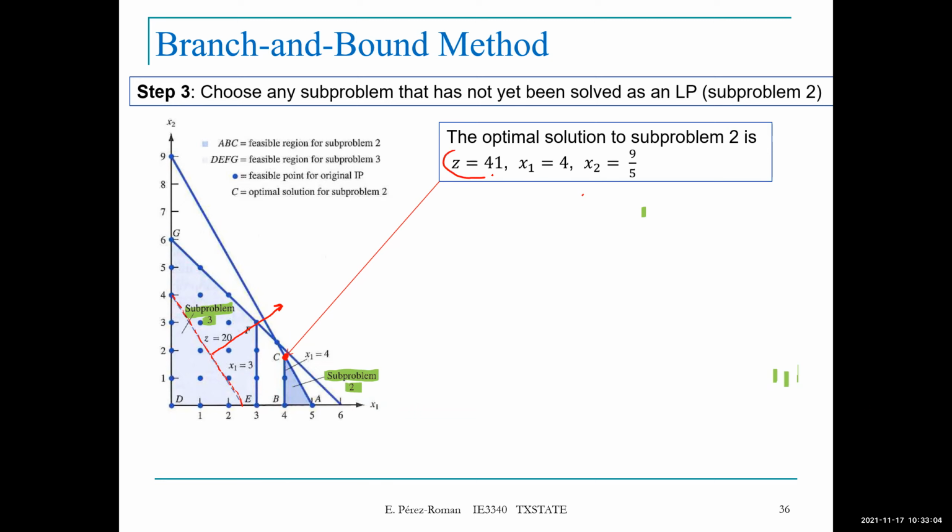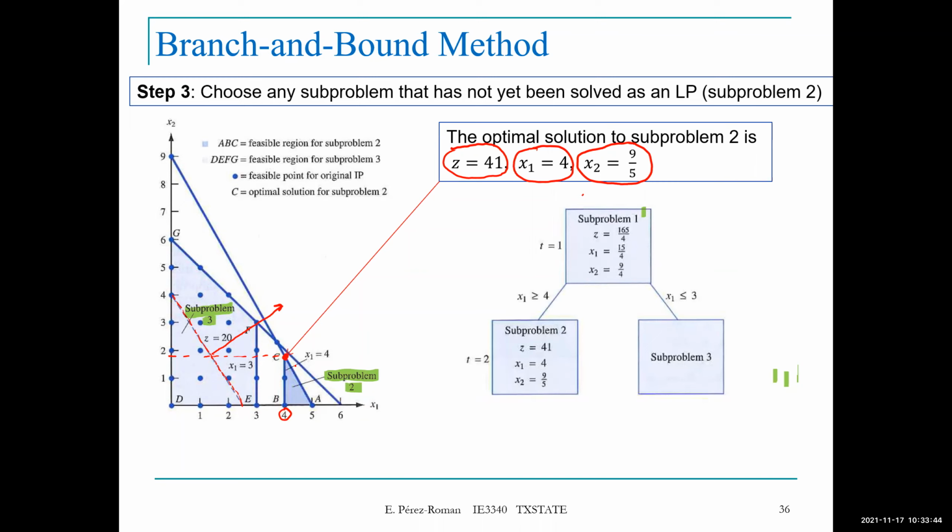And that will give you a z value of 41 with x1 equals 4 and x2 equals 9/5, almost 2. You can see now that the optimal solution for subproblem 2 has one of the decision variables that is integer. So we are making progress, right? x1 equals 4, but we still have a decision variable that is fractional.